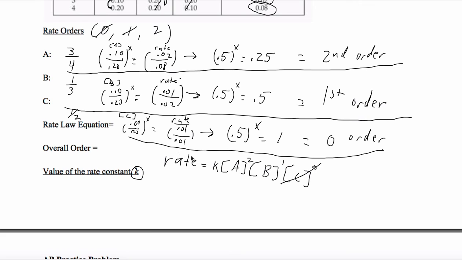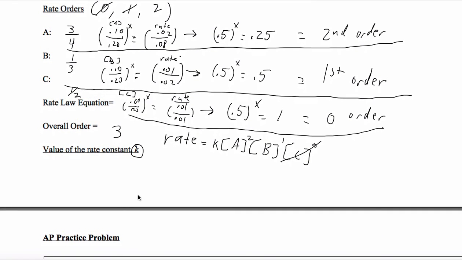So the rate law equation is rate equals k[A] to the second power because it's second order, and [B] to the first power because it's first order. The overall order for this reaction is simply the sum of these, and that's 3. So if you change them both simultaneously, it will increase by a factor of 3.